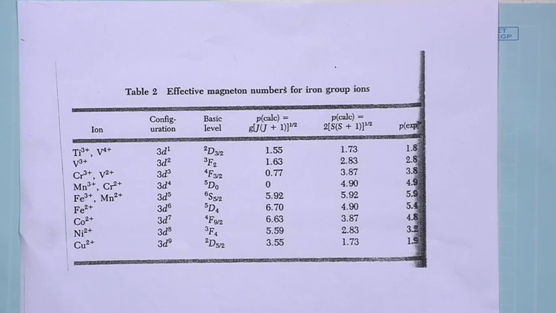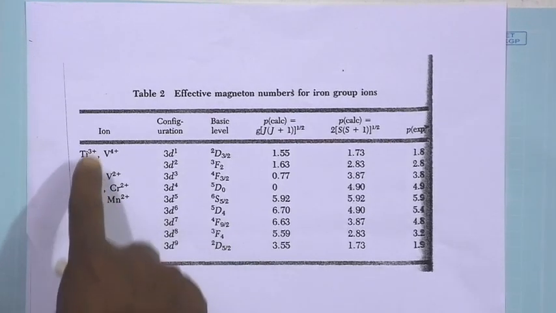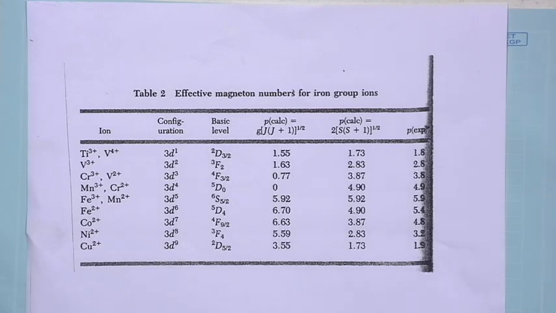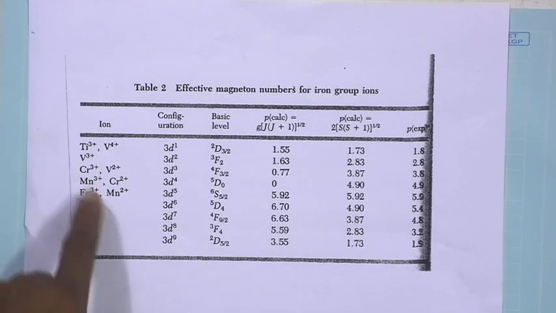So, this is the effective Bohr magneton number for iron group ions. Here you see these are written in terms of ions.